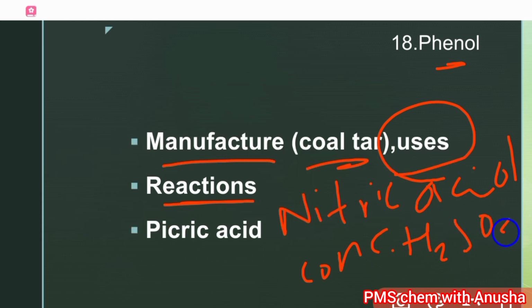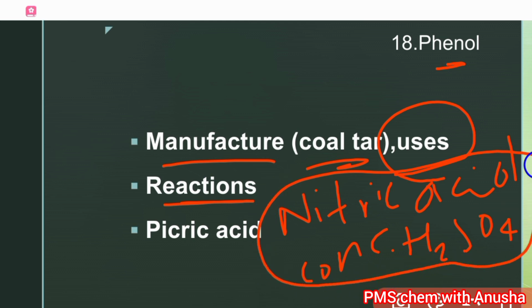So for this reaction you have to focus on nitration. So nitric acid in presence of concentrated H2SO4, in the sense you have to write nitration reaction. Next you have to focus on picric acid, IUPAC name, the structure and preparation part.